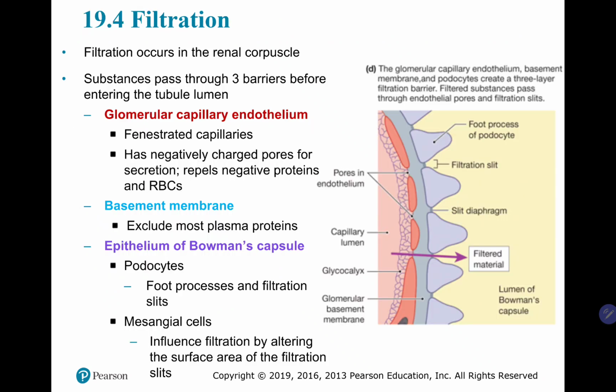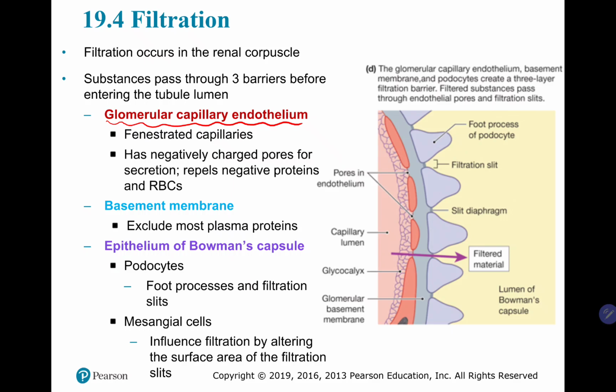So for filtration to occur, we know that it's going to be the free mass movement of materials, where substances are going to pass through 3 barriers before entering the tubule lumen. So number 1, that fluid has to go through the glomerular capillary endothelium, so the wall of the actual blood vessel.